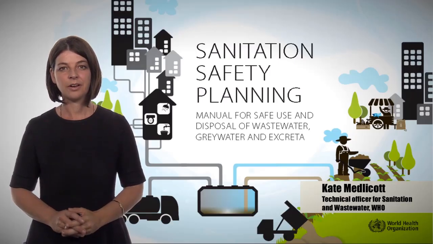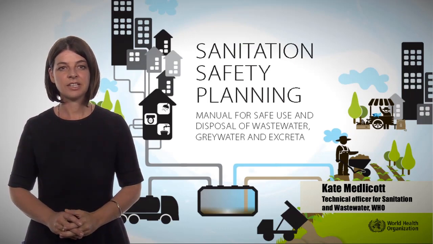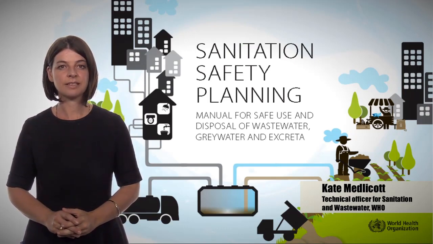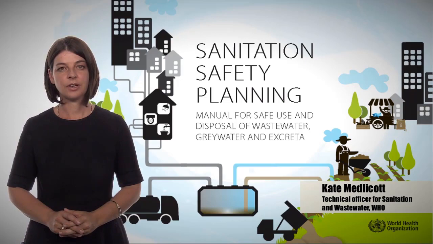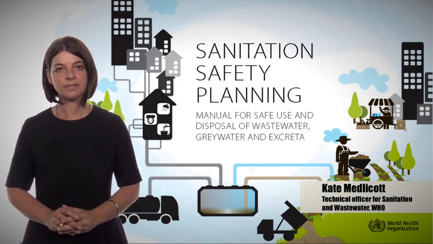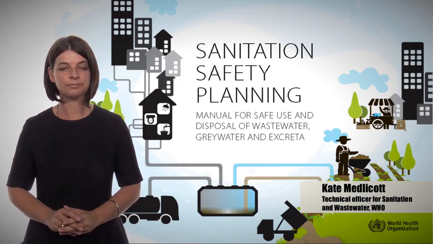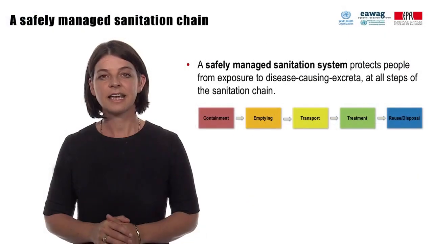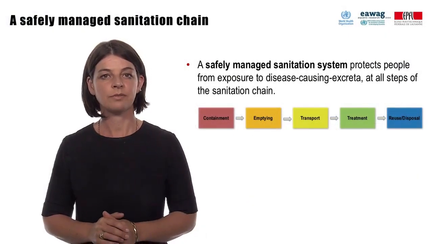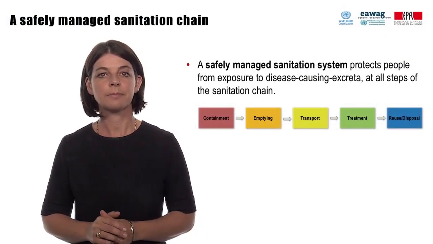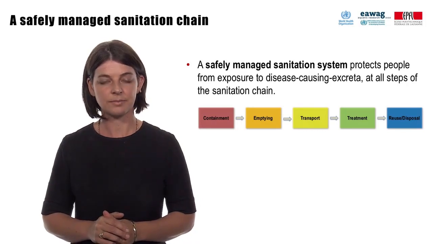Hello, I'm Kate Medlicott, Technical Officer for Sanitation and Wastewater at the World Health Organization. In this video, I will give you an overview of sanitation safety planning and we'll look at an example. Sanitation Safety Planning, or SSP for short, is a risk-based management tool for sanitation systems.